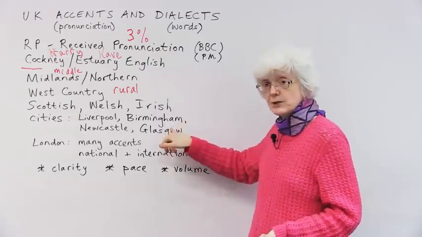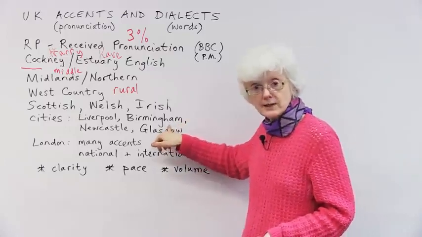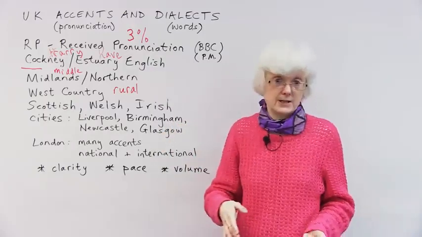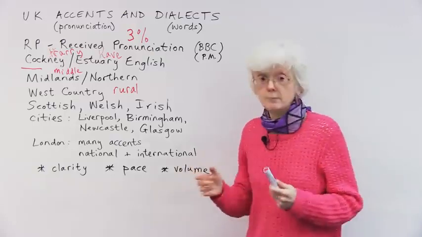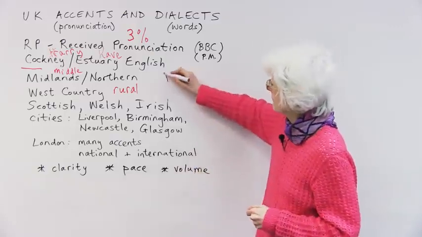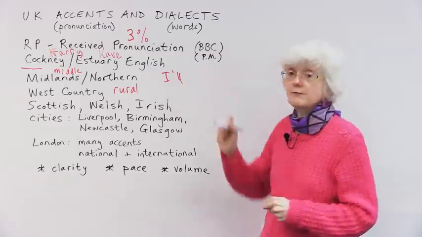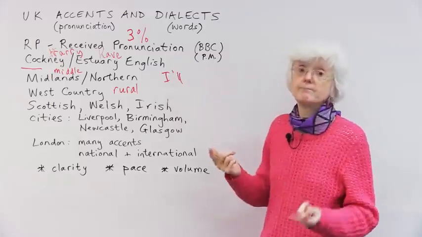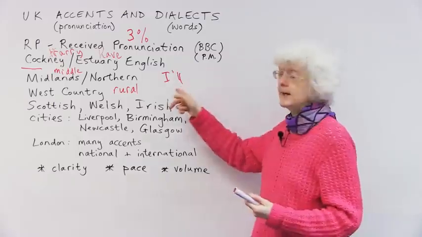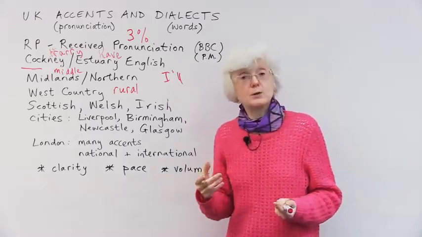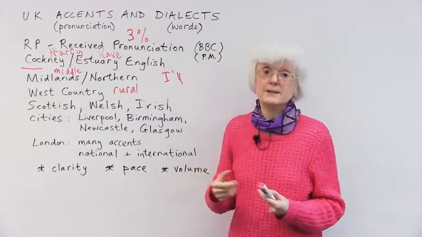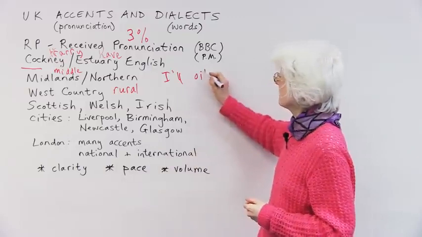And I just would like to give you a few examples from the Birmingham accent. So in Birmingham, if you say I'll be there, they change the vowel sound and they say oil. So it's like oil.